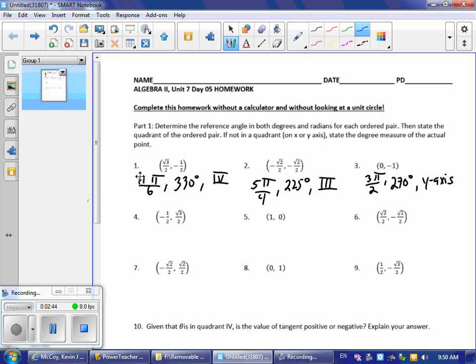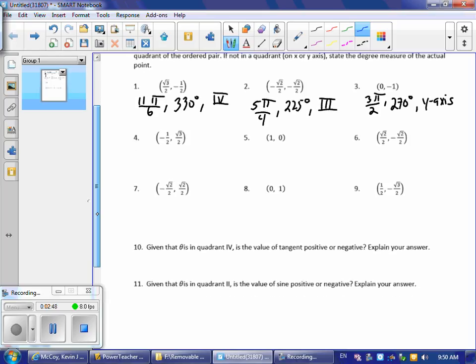So I'll finish writing these up, go through them very quickly. Negative 1/2, square root of 3 over 2. Okay, so cosine is negative 1/2, so that's at a pi thirds. Negative 1/2, square root of 3 over 2, that's negative, positive. That's going to be in quadrant 2. So we're going to be at 2 pi thirds, which is 120 degrees, and in quadrant 2. 1, 0, that is straight to the right.